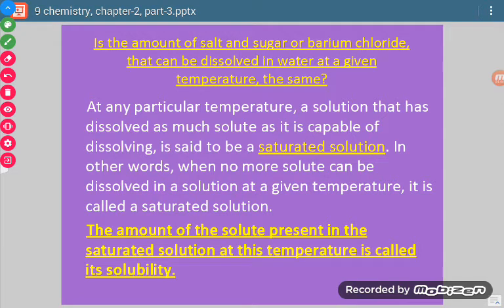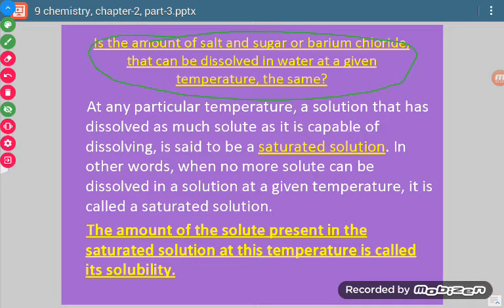Now, is the amount of salt, sugar or barium chloride that can be dissolved in water at a given temperature the same? It is the same thing I just discussed. So what is the answer? The amounts of different solutes will be different for the formation of a saturated solution.